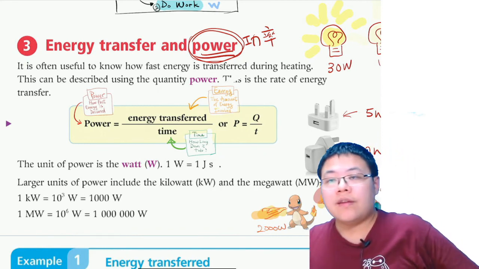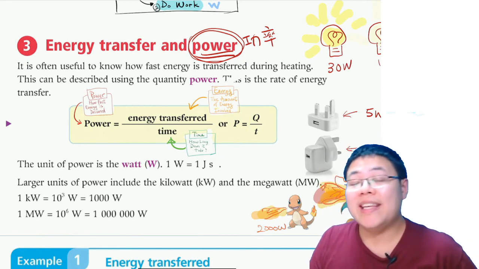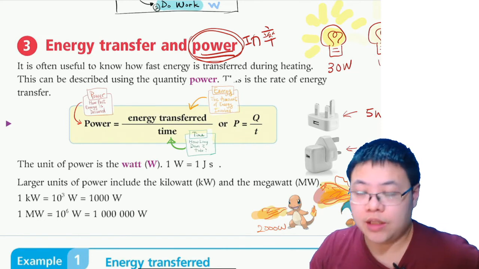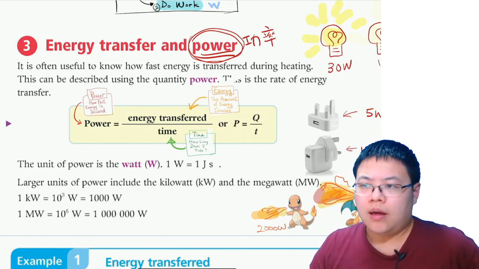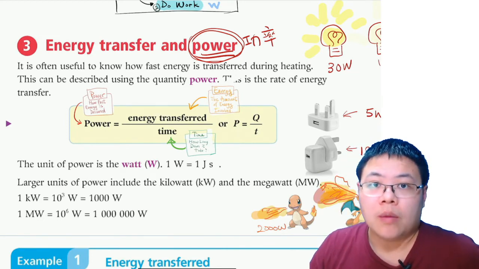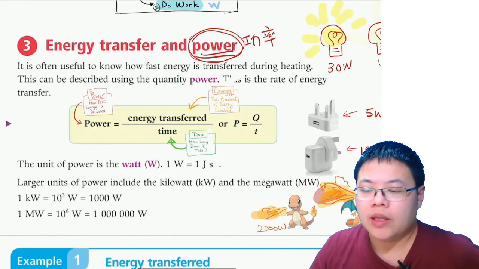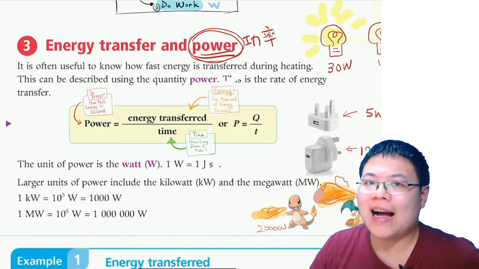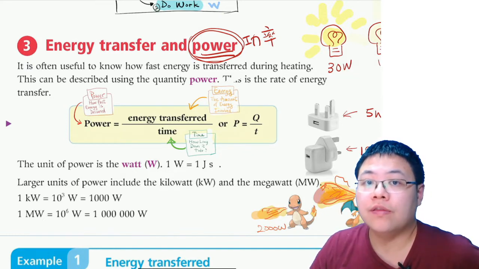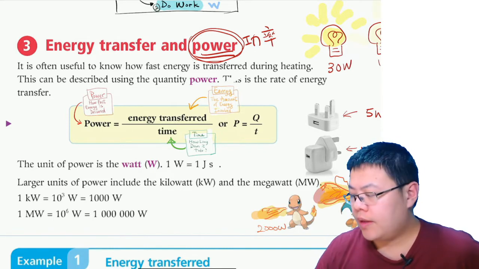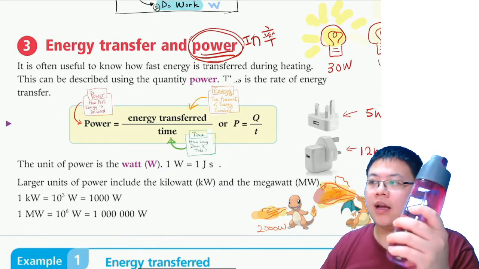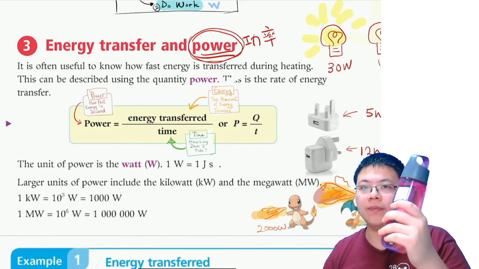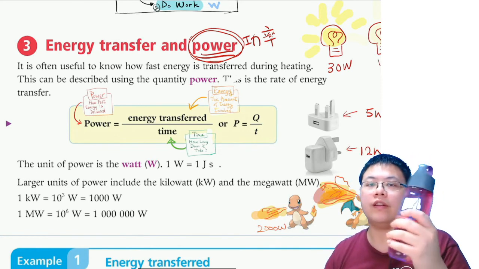Okay, we have learned already that heat is the flow of energy, and now we are going to talk about power. It measures how fast the energy flows. If I say I can finish this water, do you think I drink water very fast?